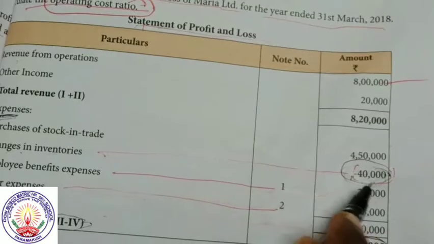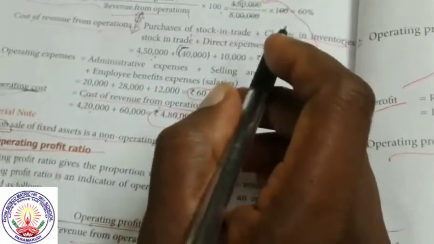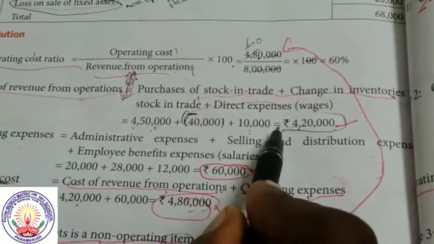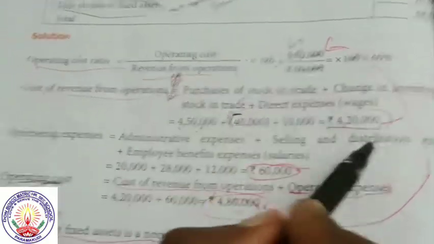Minus means loss, so automatically it is subtracted from this value. If it were plus, you would add it in the formula. So the cost of revenue from operations is 4,20,000.